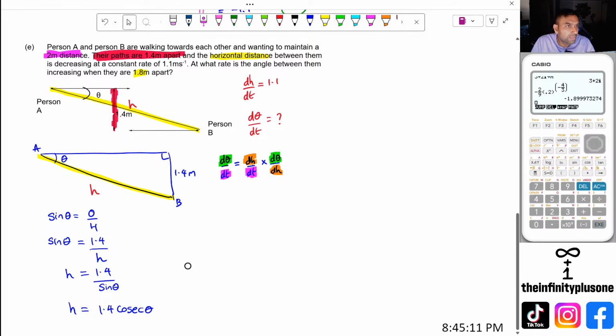Oh, what does cosec become? Okay, so you want that formula sheet. Even I can't remember that one. Level 3 formula sheet. Cosec goes into, I think I had it here. Let me just double check.